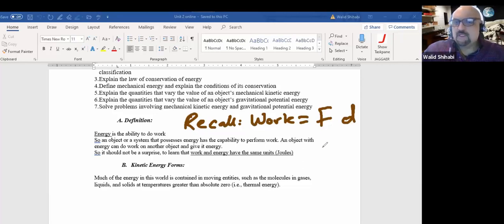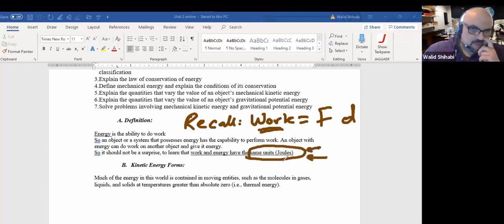And the same thing, work is also a vehicle by which you change energy from one form to another, and we'll see the different forms of energy and how you can convert one of them to another by exerting work. By doing work, you can change energy from one form to another. Energy has the same units as work, so both of them are in joules in terms of the metric unit.